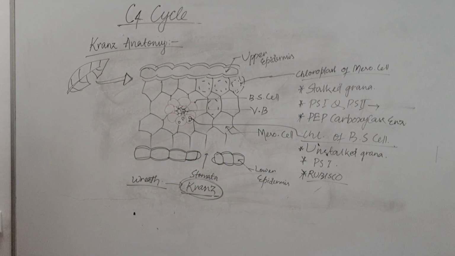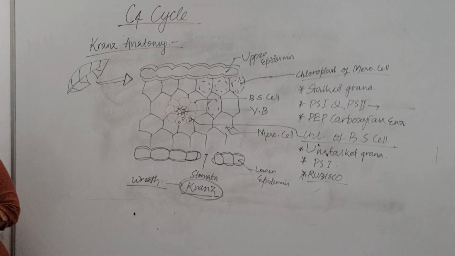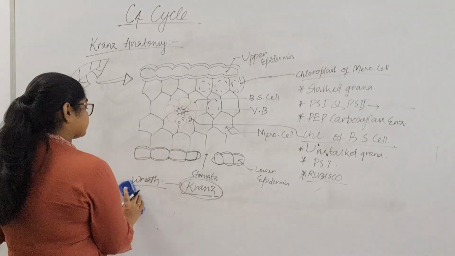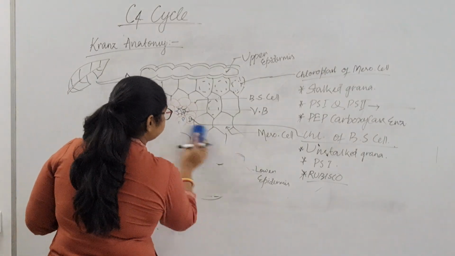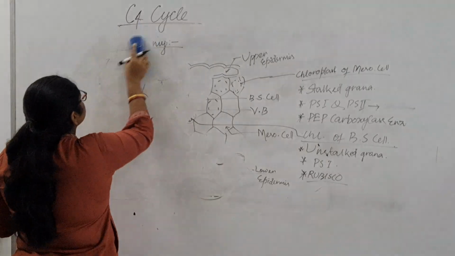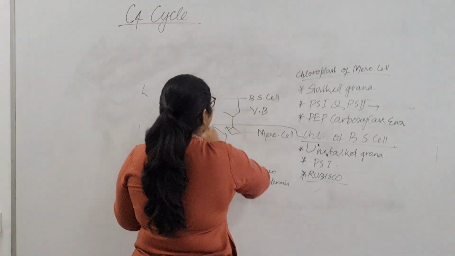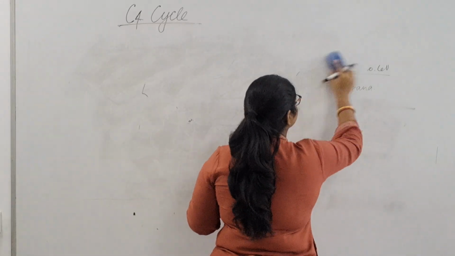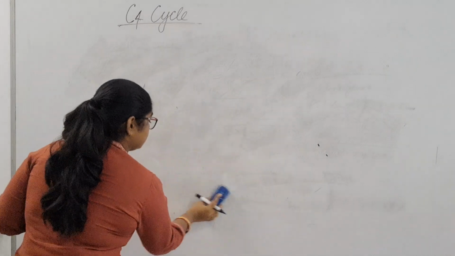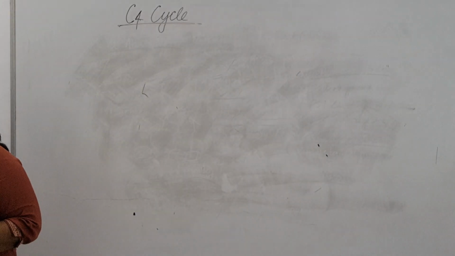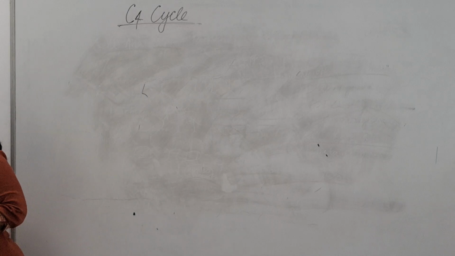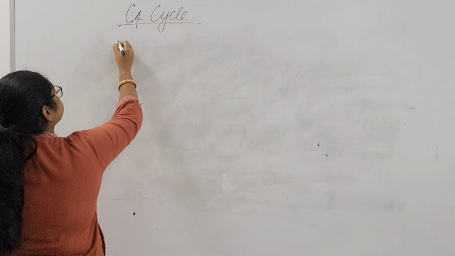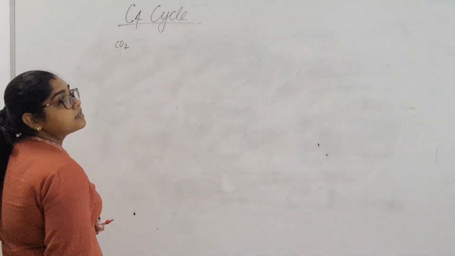Now we'll have a look at the overview mechanism of C4 cycle. So first what happens? This atmospheric carbon dioxide enters into the leaf through the stomata.